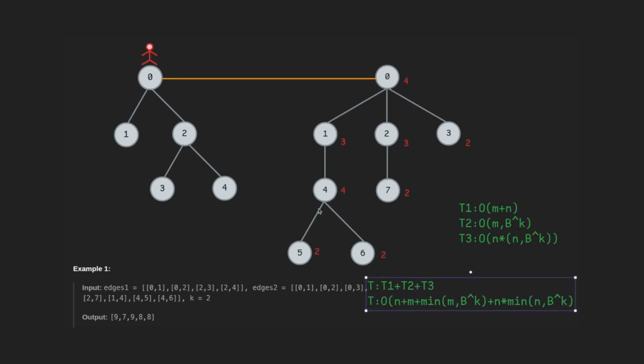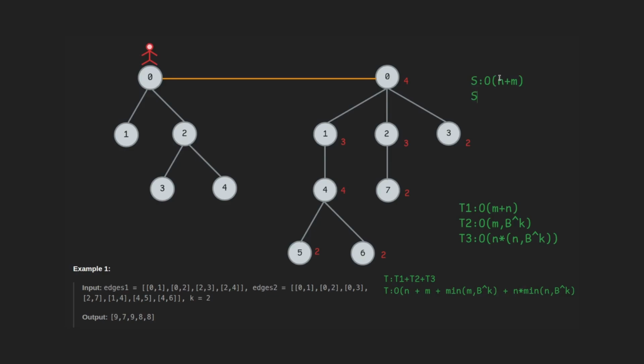So the time complexity will be this, and what will be the space complexity? Space complexity will be order of n plus m for the adjacency list. For the visited set, this will be order of n, and for the queue it will be order of b to the power k.